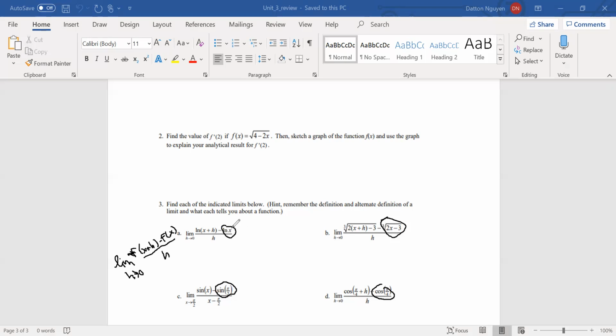So take a derivative of natural log of x, take a derivative of sine pi over 2, take a derivative of cosine pi over 4, and then take the derivative of the cube root of 2x minus 3, the way you normally would. Just a hint: look at C and D, and notice it doesn't say x inside at all.